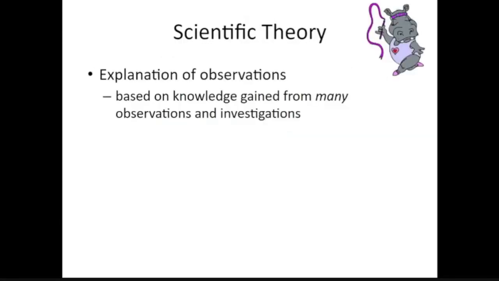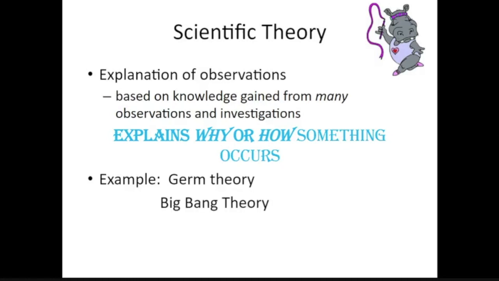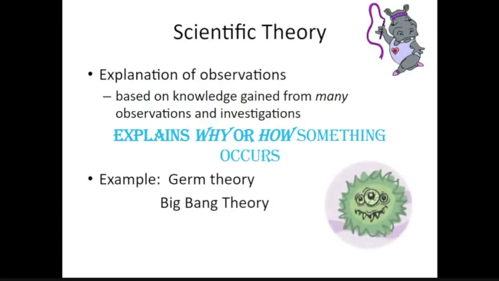So a scientific theory is an explanation of observations, kind of like a hypothesis, only this is based on knowledge that you have gained from many, many observations and investigations. It explains why or how something occurs. So examples are the germ theory and the Big Bang theory.